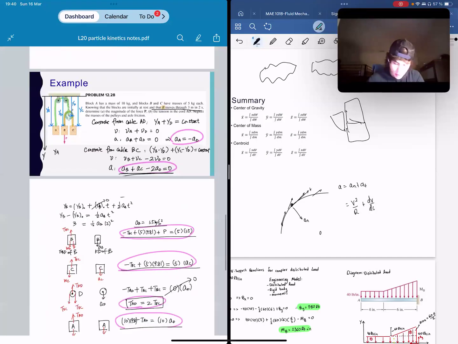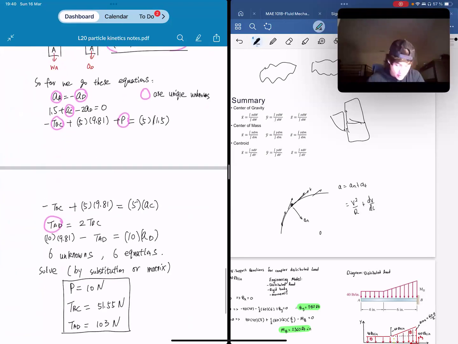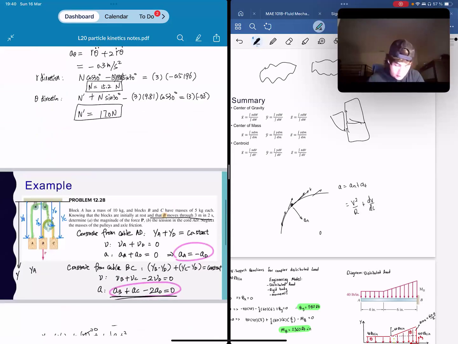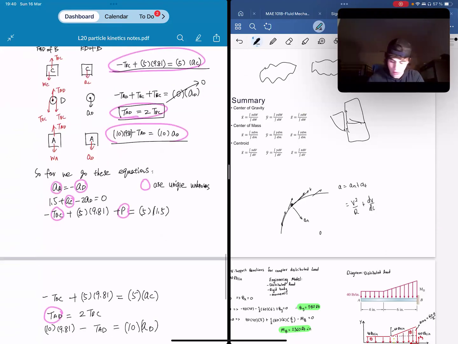And then she was able to solve for the unknowns using kinetics, nothing related to curvilinear motion, just kinetics and the dimensionality of the problem. So knowing how the change in length of the cable will be related to the velocity of the block, right? So that's what she did.